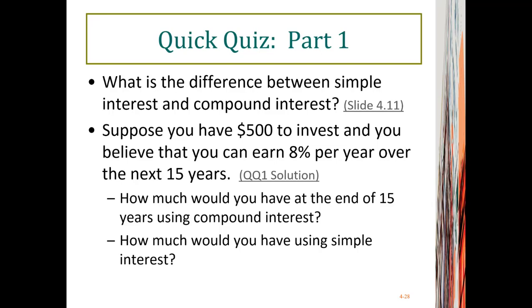And in this class, for any finance calculation associated with future value, you should always use compound interest unless it asks you to use simple interest for your calculation. So the assumption here is you always use compound interest in calculating future value.